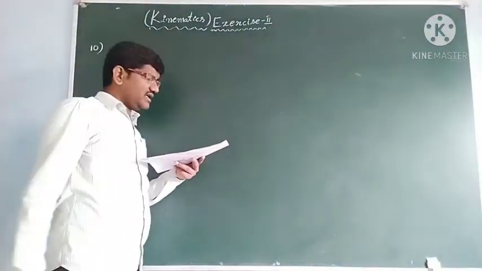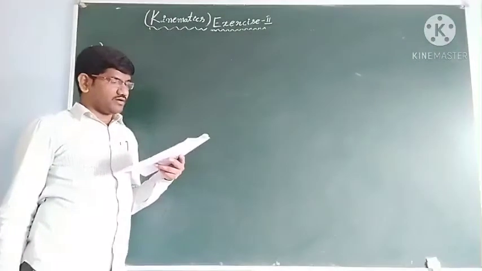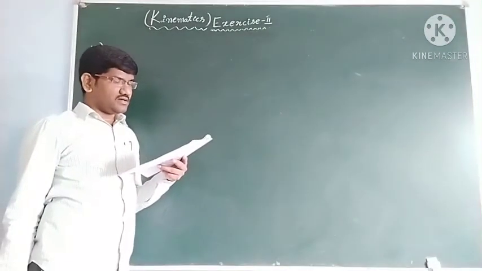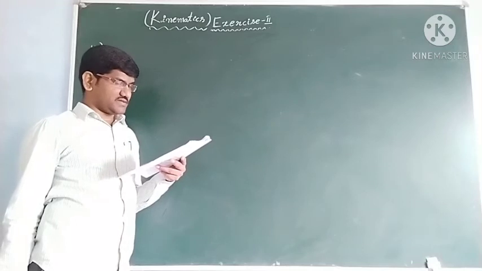For the journey A to B, a boy travels with speeds of 5, 10, 15 kmph for equal time intervals.